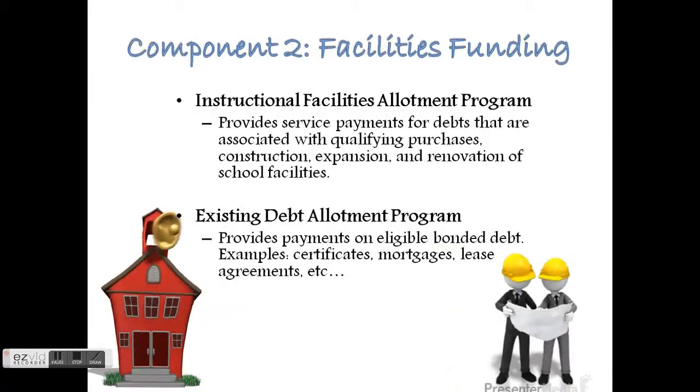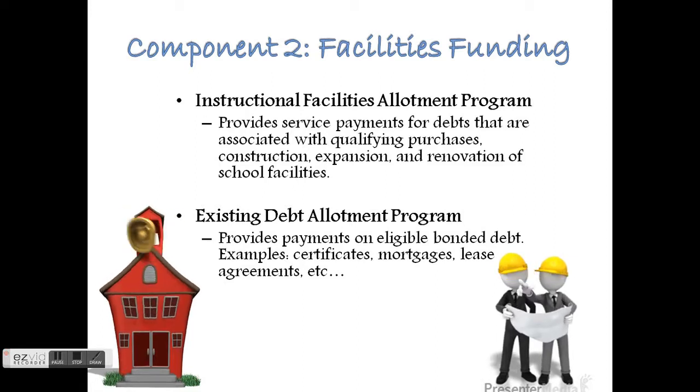Now we're going to go back and look at the Foundation School Program, component number 2, facilities funding. The facilities funding has 2 programs. The first one is the Instructional Facilities Allotment Program.